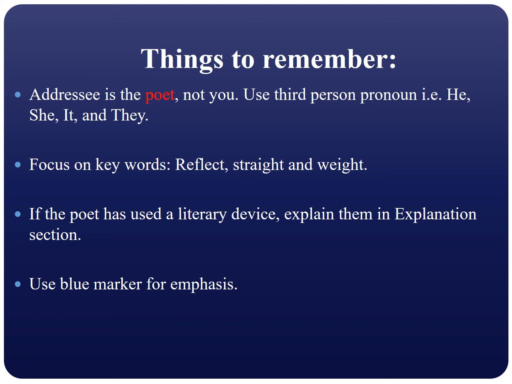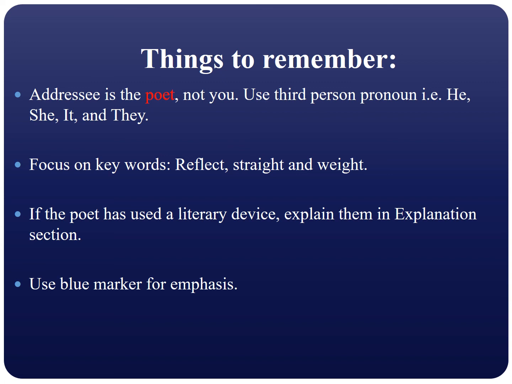Next thing is focus on the keywords. What he is reflecting on, why he has used the word straight, what kind of weight he is talking about, right? So focus on all these words and explain them clearly. Again the same point, if the poet has used any literary device, explain them in the explanation section.